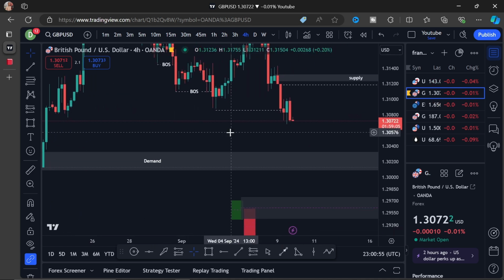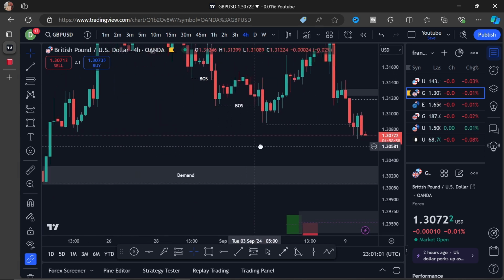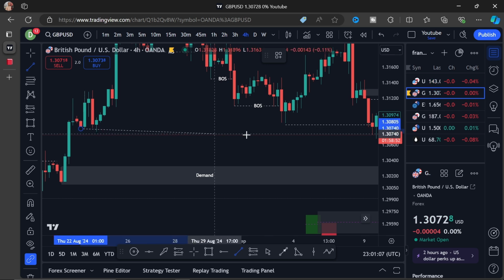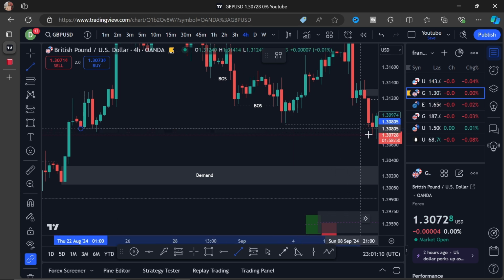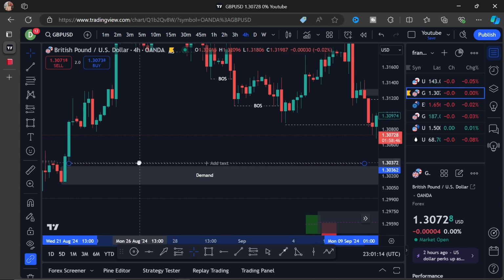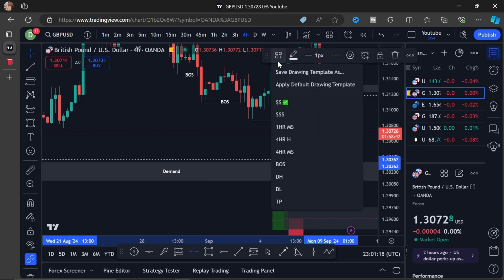So whenever the market comes into this area, it's a decent opportunity to take a buy. So looking at here right now, you can see that here would have been your liquidity level. You can use this wick here, or you can use this area here. So for me personally, I use the one that is closer to the level, which is this wick here. That's what I'm going to use as my liquidity level.